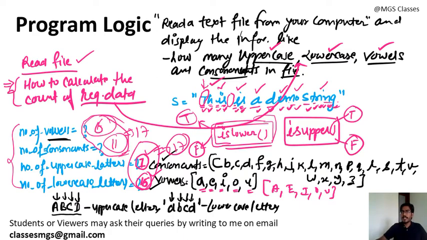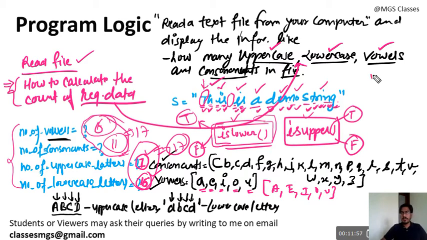Okay, so we have studied two functions of the Python string that will help in building this logic. And one more thing you should know: if you want to check whether a character is a vowel or a consonant, there also we will check.